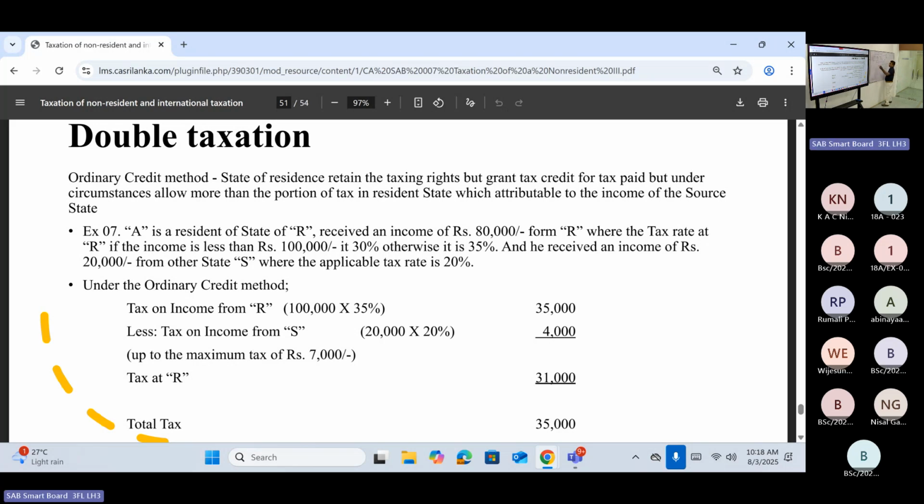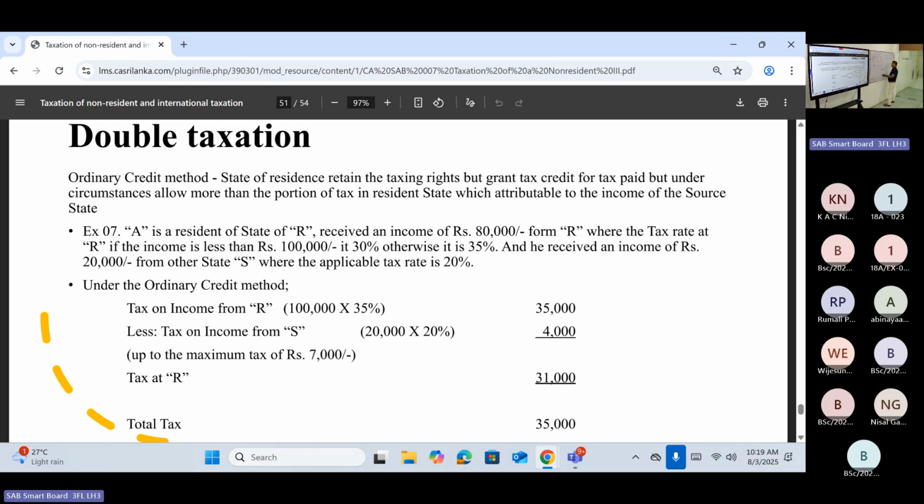Therefore he can claim 4,000. Total tax exposure is 35,000: 31,000 plus 4,000.